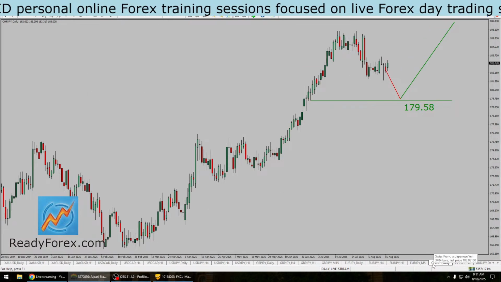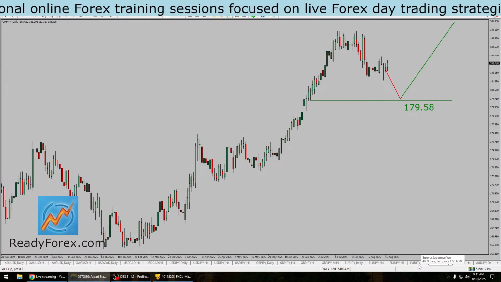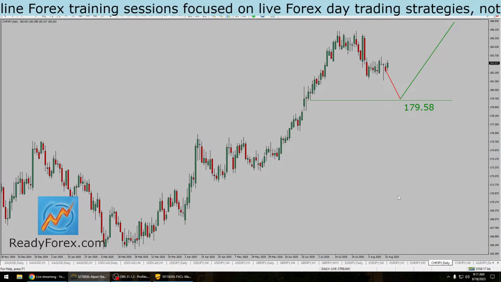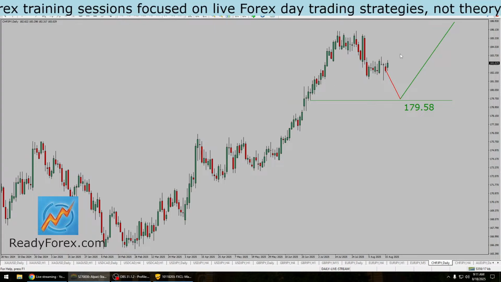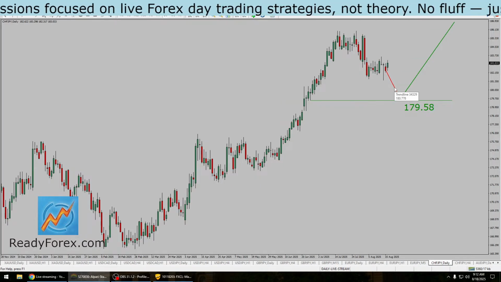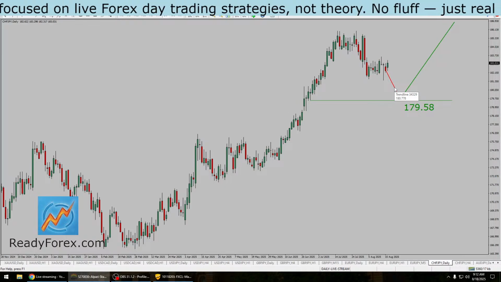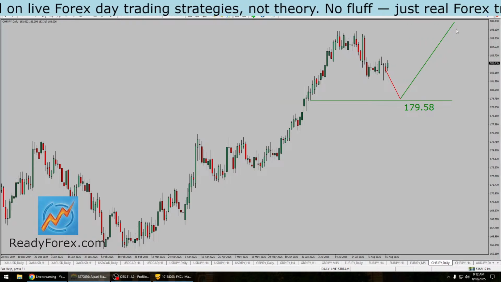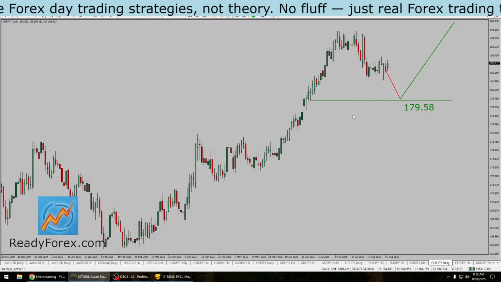Next one is the Swiss franc versus Japanese yen currency pair, CHF-JPY. Daily, waiting for the price action to drop first. Give me a minute over here.